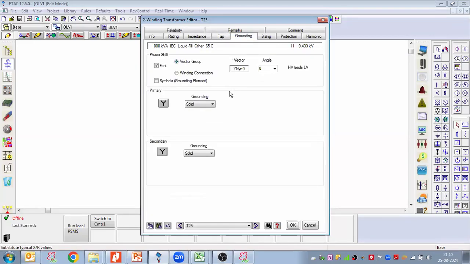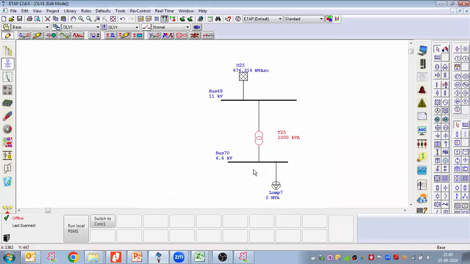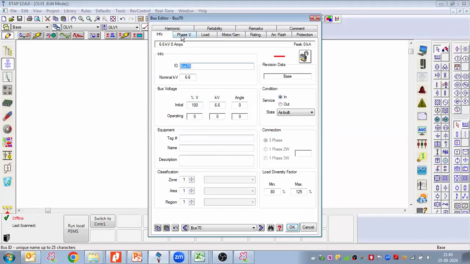And now here it is an important thing: delta and star, going solid with resistance, putting some resistance value here, which is 2.5 ohm nearly. Click on OK.